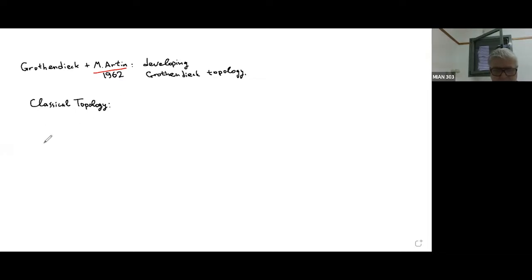In other words, let me remind those who visited the lectures that for a topological space, an object of the usual category of topological spaces, we have defined two categories.